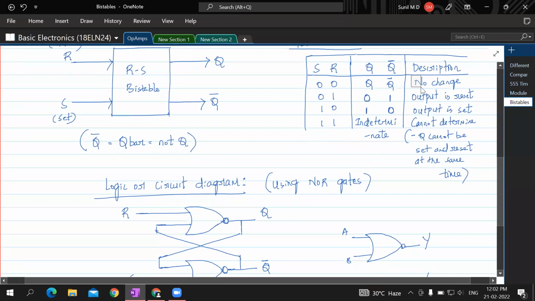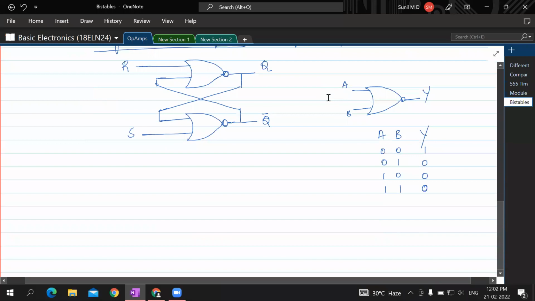The output is not changing when SR is 0, 0. They are saying the output is not changing when SR is 0, 0. So let's say, to begin with, let Q be equal to 0 and Q bar be equal to 1.